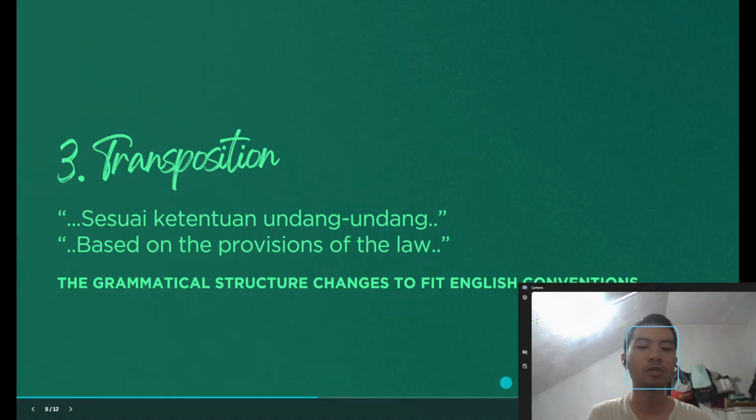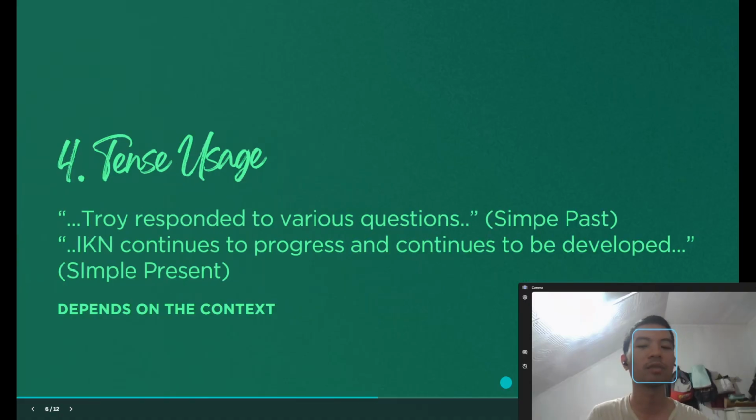And then the last one from informative text is tense usage. Here I have two examples. The first one is in simple past: "Troy responded to various questions." And the second one is in simple present tense: "continues to progress and continues to be developed."